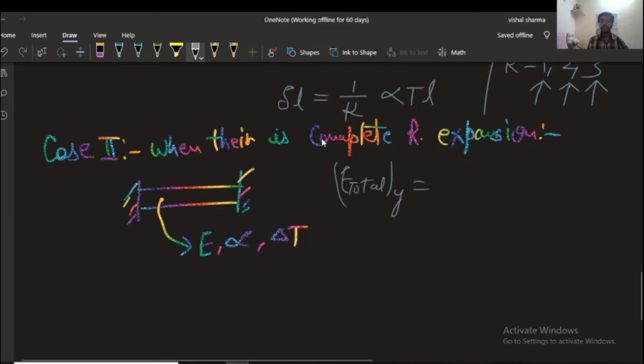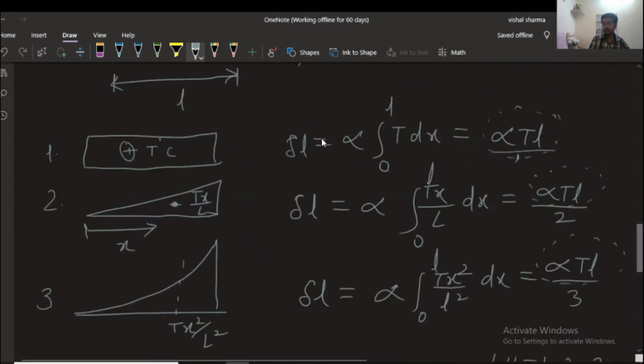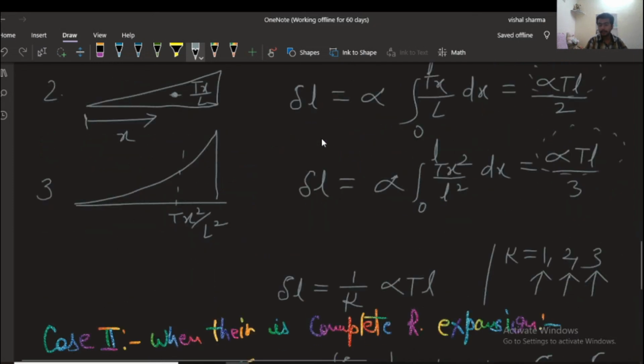So the total strain in the y direction is equal to the strain due to the thermal effect and the strain due to the lateral effect.